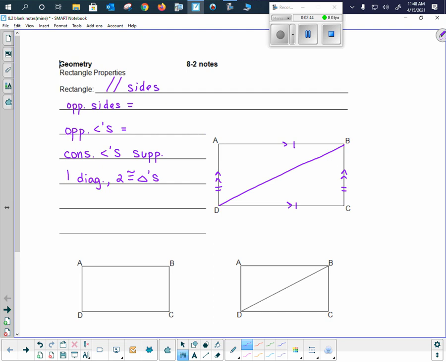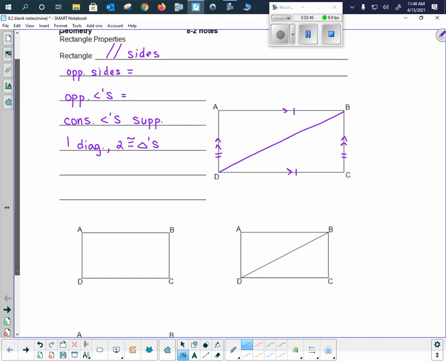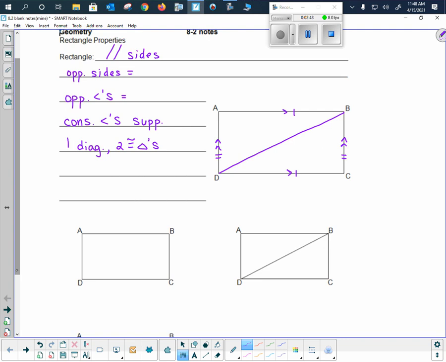And then likewise, the diagonals bisect each other. Okay, diagonals bisect each other is the last property that we had for parallelograms. So we'll go ahead and put in that other diagonal.